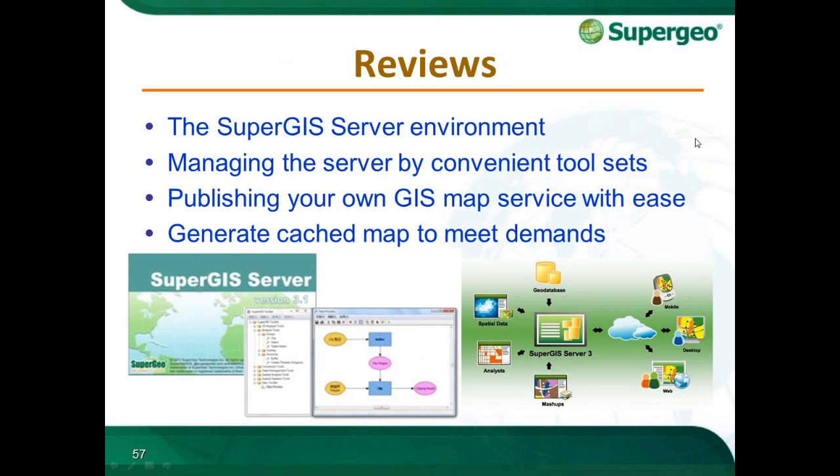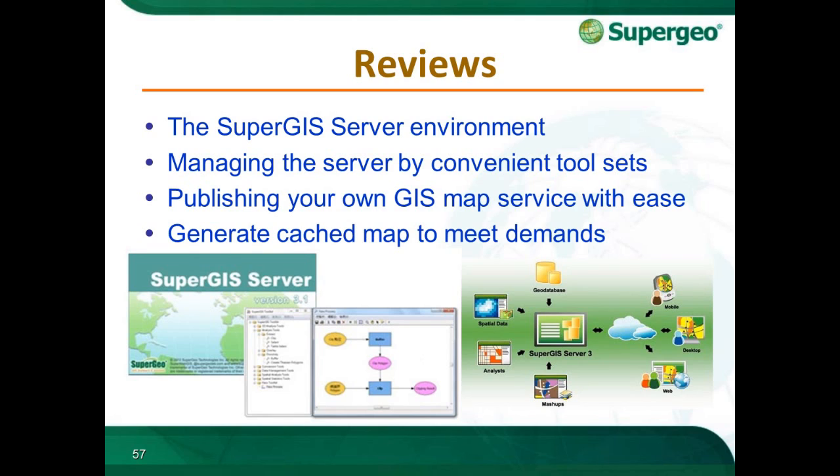In today's lesson, we talked about the SuperGIS Server environment, which is very important: after you do the installation, you have to verify different settings, including the IIS service, the Windows firewall, and also some of the security properties of the different folders. You also have to do the post installation after you finish all the settings.